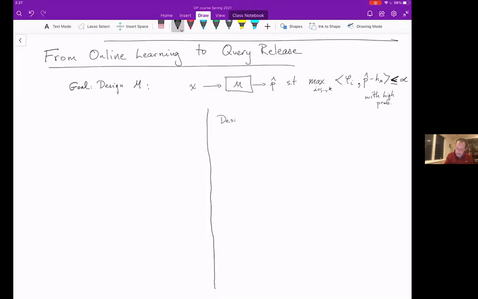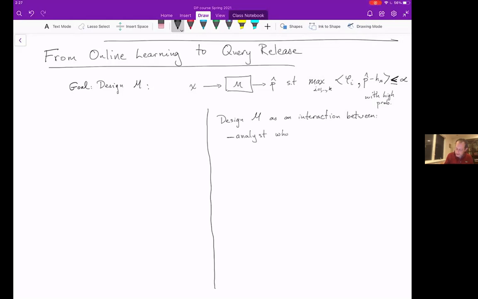We're going to design M as an interaction between two parties. On one hand, there's going to be an analyst.